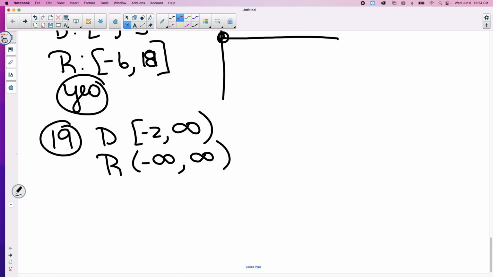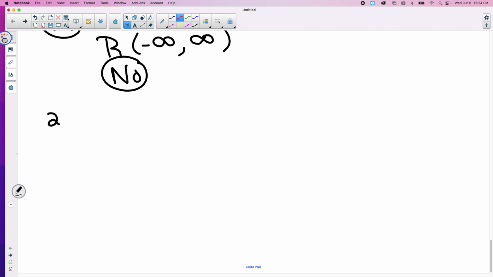Does that pass the vertical line test? No. Alright, look at 20. Alright, so 20, look at the left and right. Can I tell what the largest value and smallest value is?